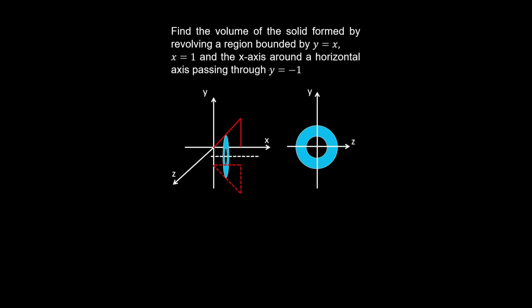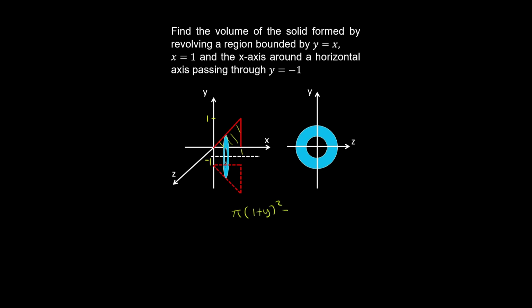Let's find the volume of the solid formed by revolving this region around a horizontal axis passing through y equals -1. So because the region is not touching that axis, we can use washers. And the area of the outer washer is pi by the radius squared, which is 1 plus y squared.